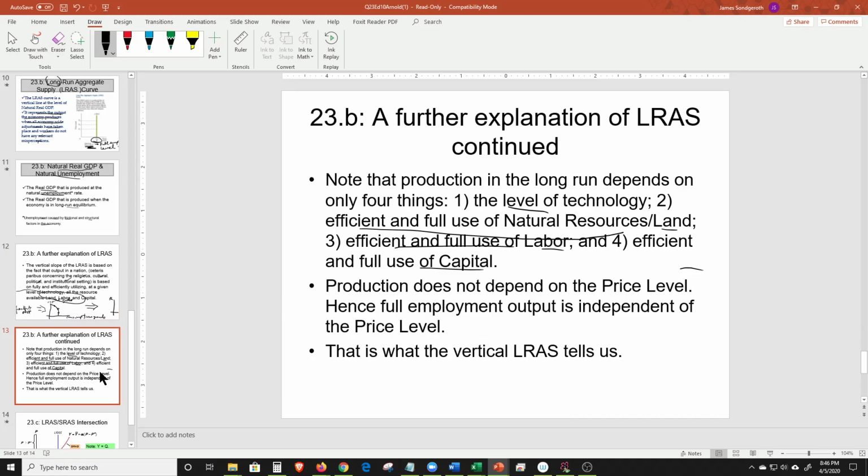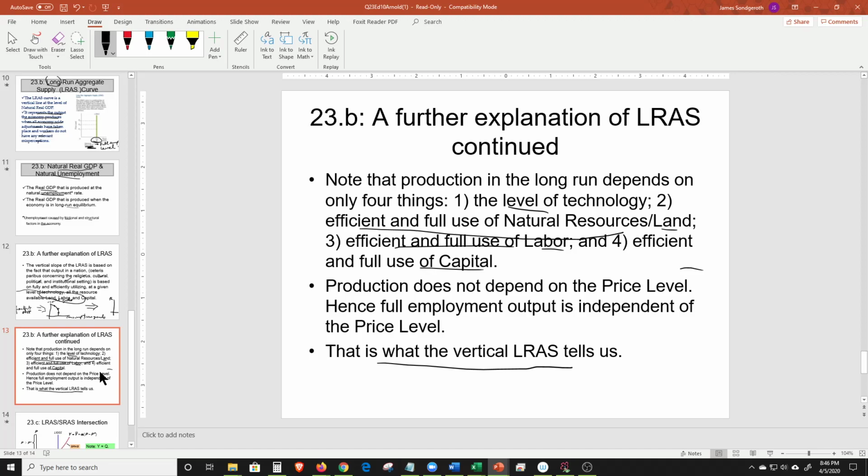And basically, that is what the vertical long-run aggregate supply tells us, is that if we fully employ and efficiently employ our inputs, land, labor, and capital, the price level can change, and it will not change that full employment level.